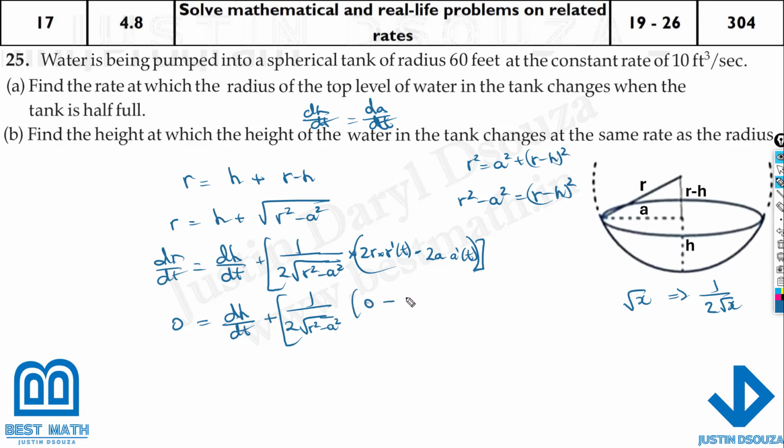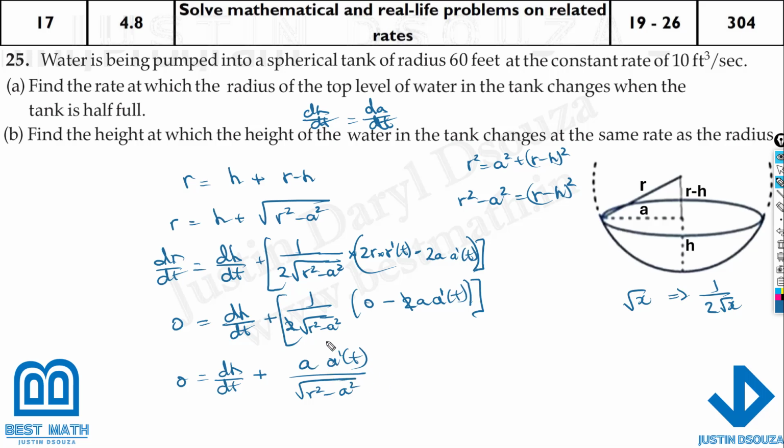So it's 0 minus 2 times a prime of t, or dA by dt. So this is the situation. Now this is 0, this is 0. So let me rewrite it: dh by dt plus, we just multiply this, so this cancels off, and what remains is a prime of t divided by the square root of r squared minus a squared. I hope this much is clear.